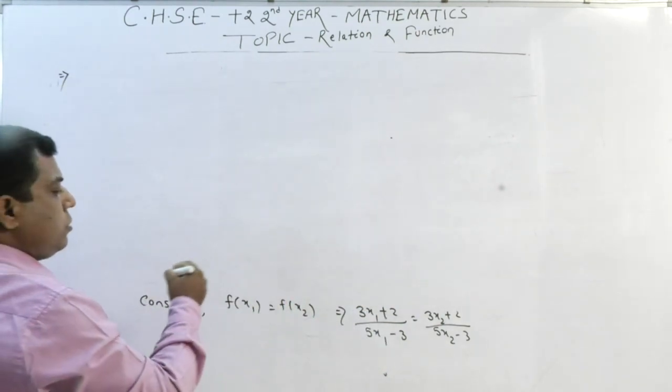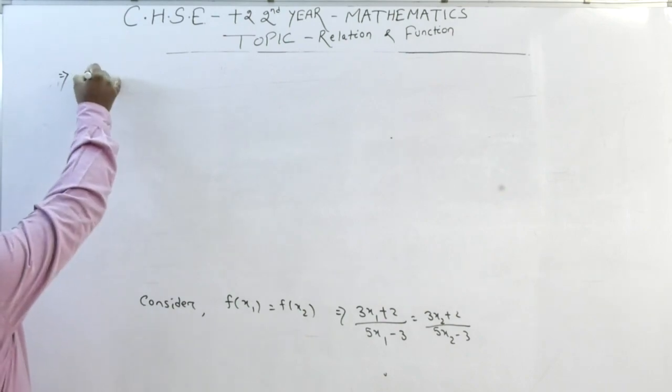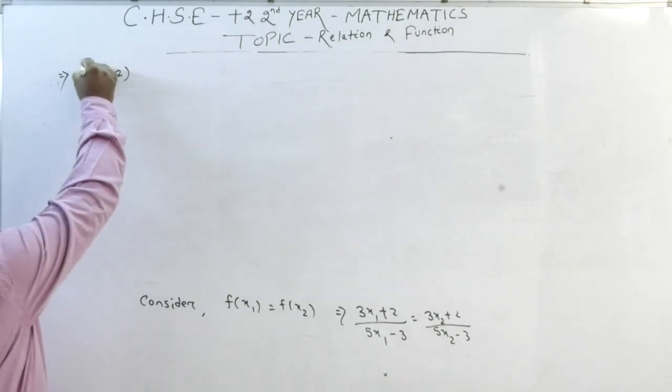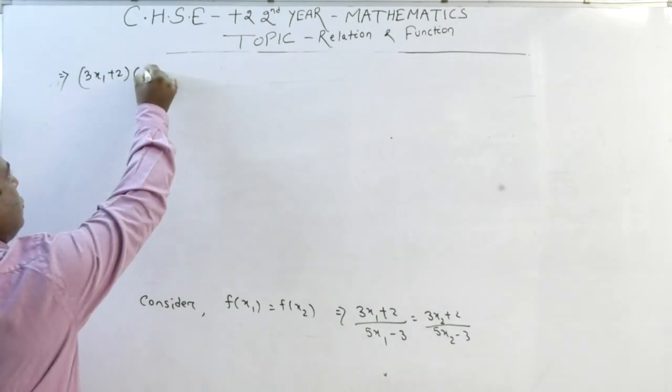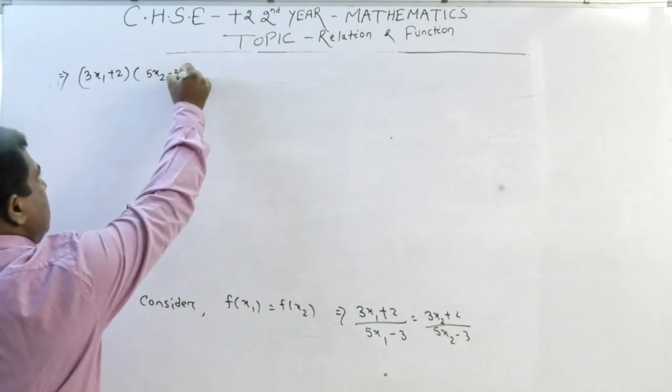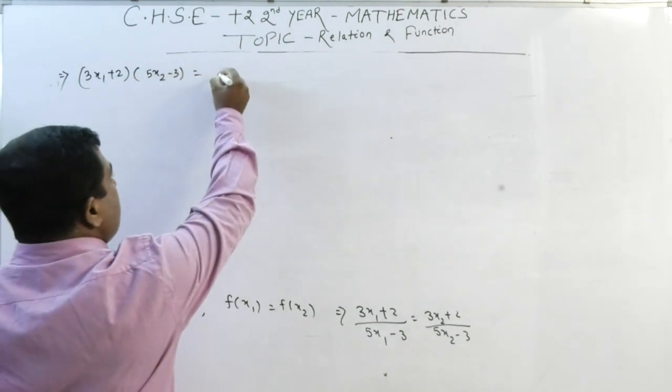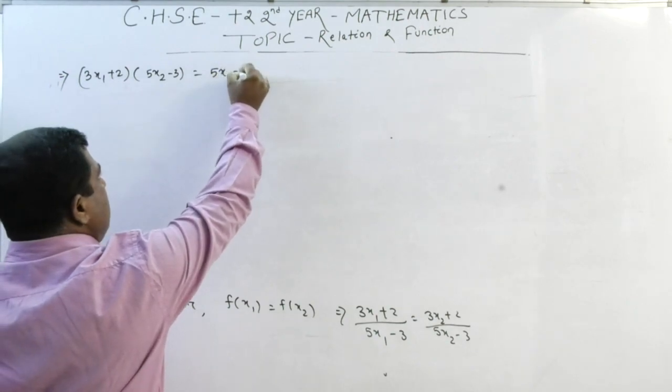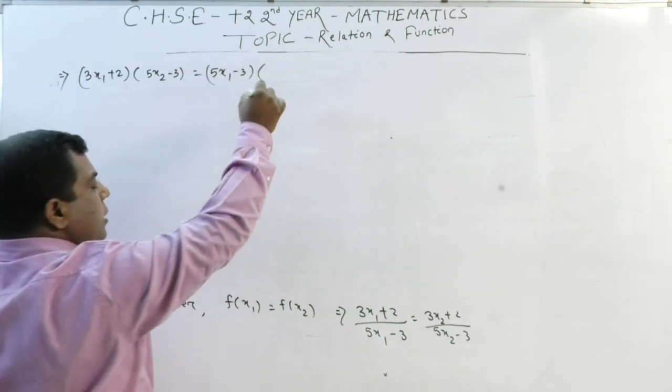On cross multiplication, we obtained (3x1 + 2) multiplied by (5x2 - 3) is equal to (5x1 - 3) multiplied by (3x2 + 2).